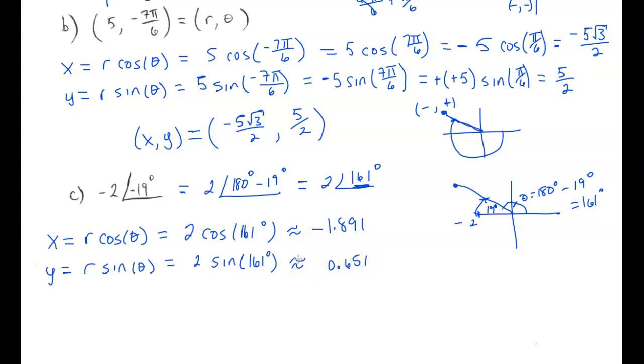And that's just me rounding to 3 decimal places. So of course, our answer here, and I'm going to recognize the fact that I'm giving an approximation here, it's just going to be this particular point.